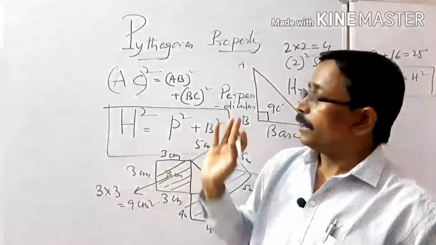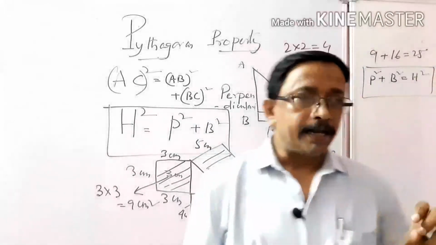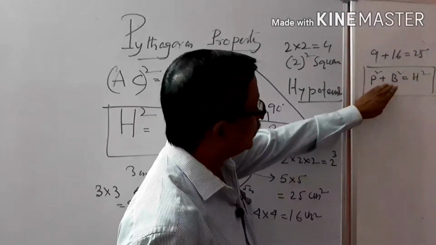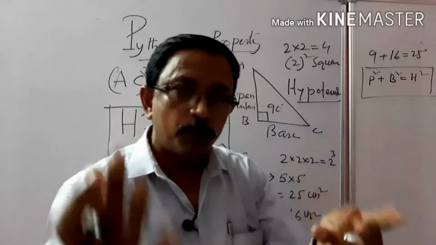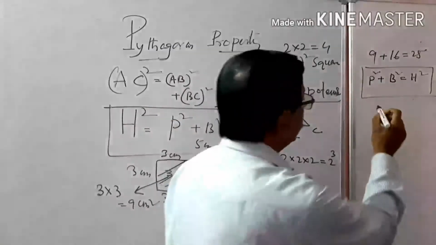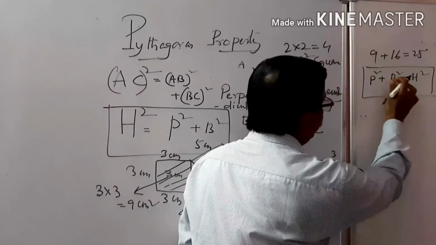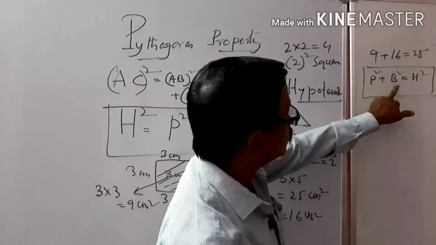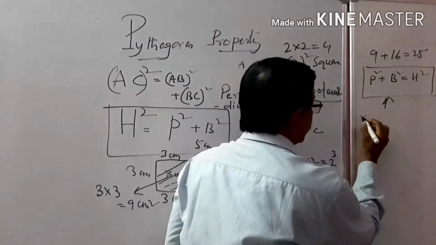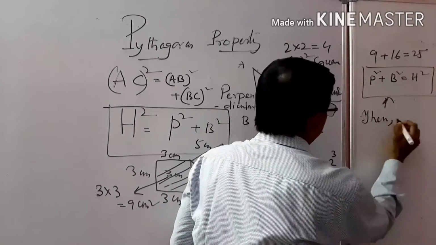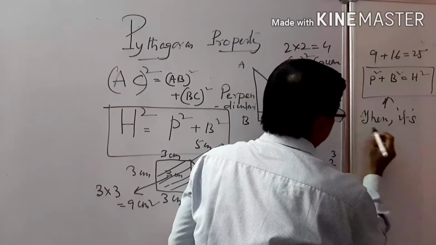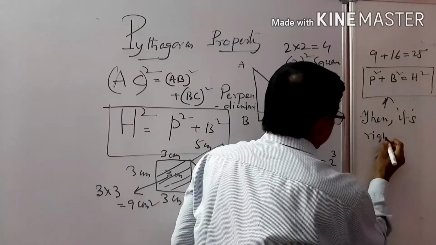Okay. Now I am telling one thing more. Once we get this property, if perpendicular square plus base square equals hypotenuse square, then we can say it is a right triangle.